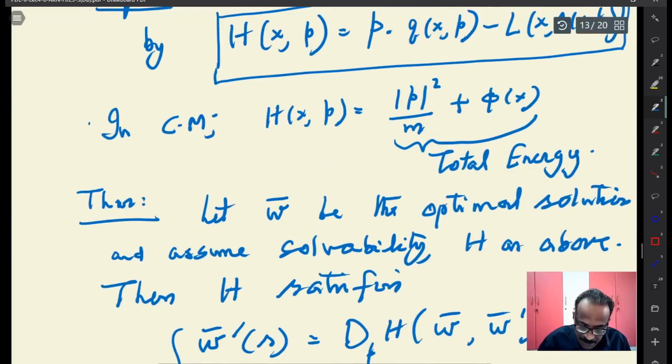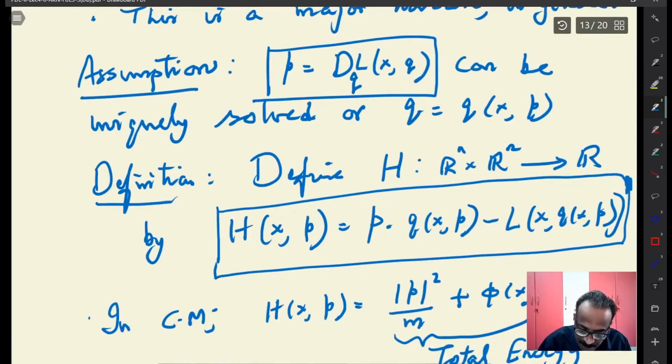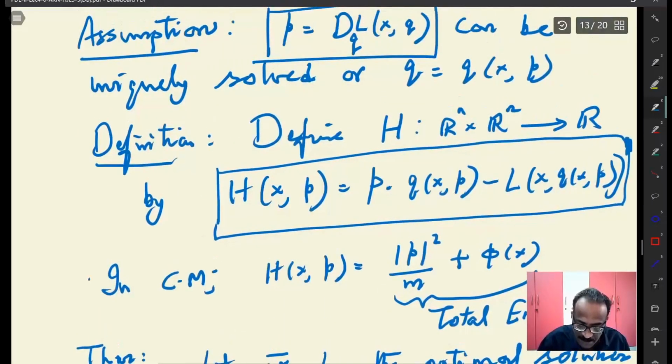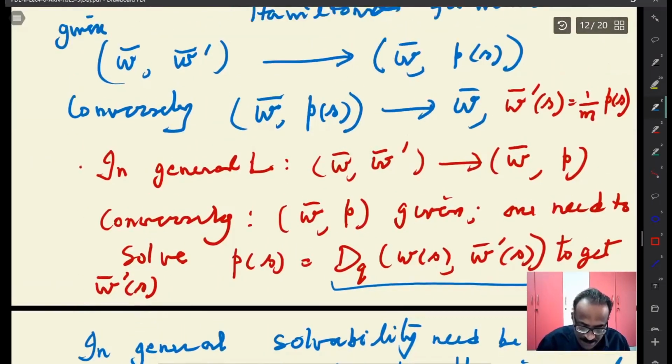But then the way P is defined, P is dq of L of x of S, q of S, and that's how you solve for q.